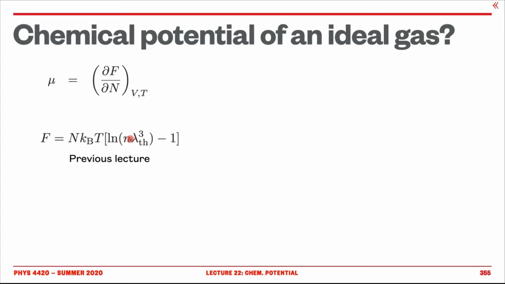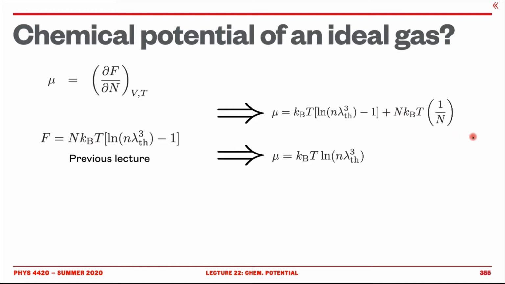Remember, there is a little bit of a subtlety here because we have the number of particles here, but we also have it right here because n is the density. So it's the number of particles per volume. So please be careful when you derive this, not just derive N, but also derive n right here. And what you obtain when you do it is this chemical potential, which is a pretty straightforward derivative.